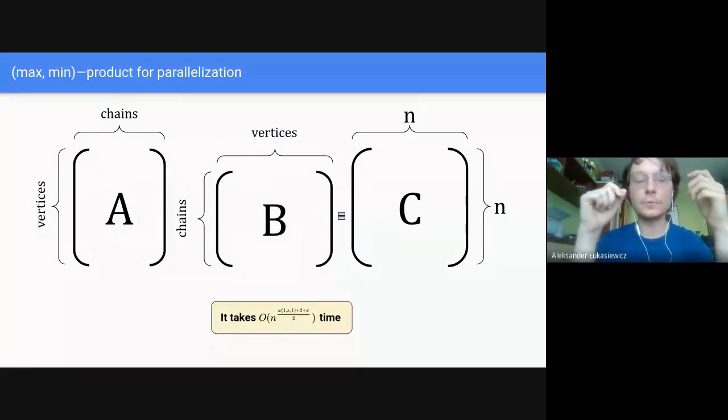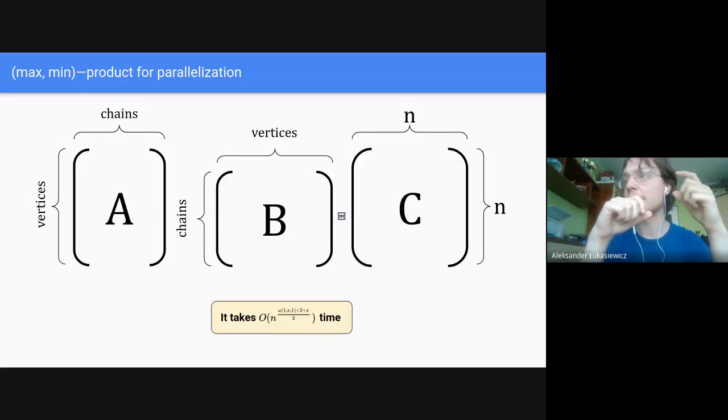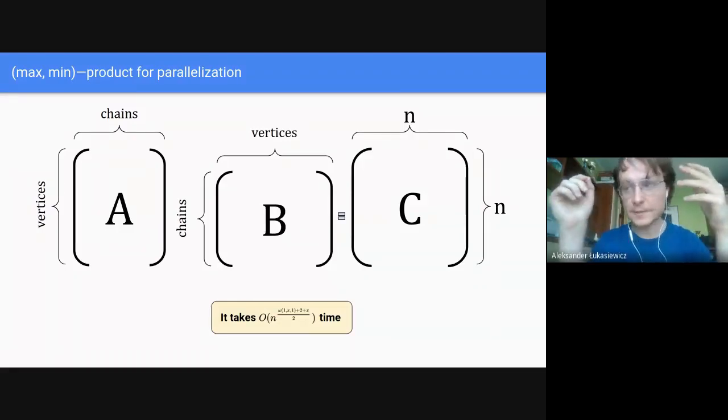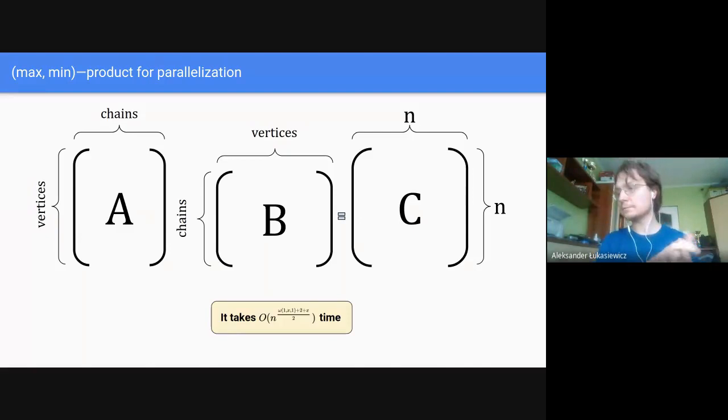Then when we compute this rectangular max-min product, it gives us the best candidate for LCA among all of these chains. And by the algorithm of Duan and Pettie, it takes n to omega 1 x 1 plus 2 plus x over 2 time.